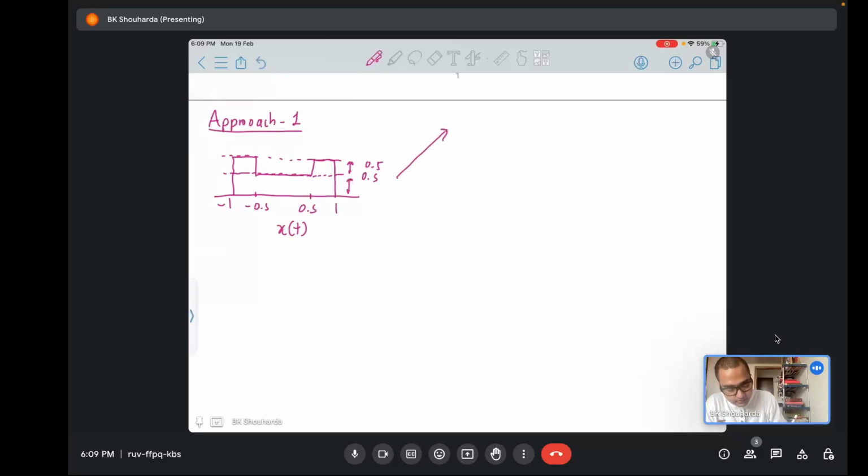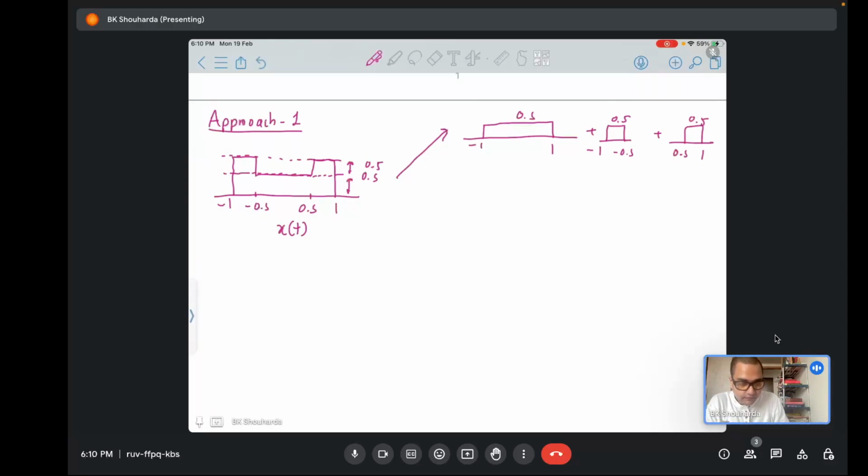ways of decomposing it. You can write it as a sum of a rectangular function that starts from -1 and ends at 1 and has a height 0.5, and you have another signal that starts from -1 and ends at -0.5 with a height 0.5, and another signal that starts at 0.5, ends at 1 and has a height 0.5.